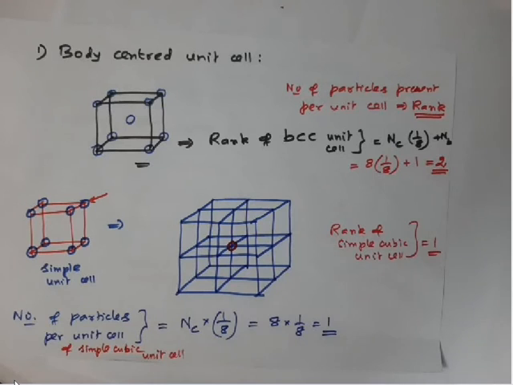Students, is this clear? Any doubt? No doubt, sir. Good. This is regarding the body centered unit cell. Now let me go to the next one, the face centered unit cell. Let me write here.